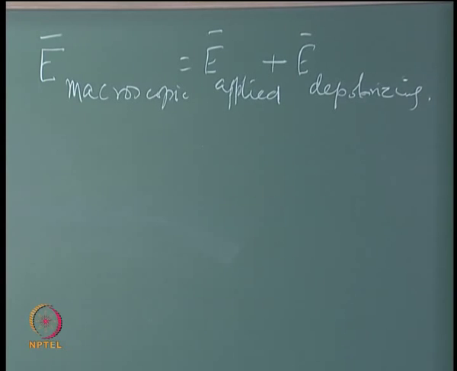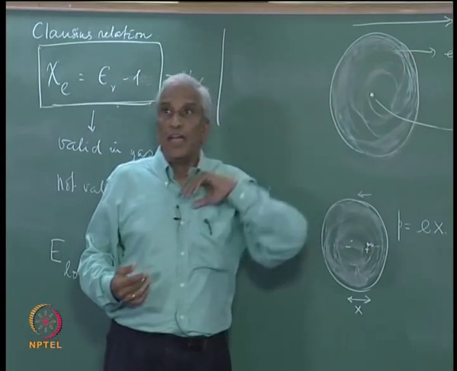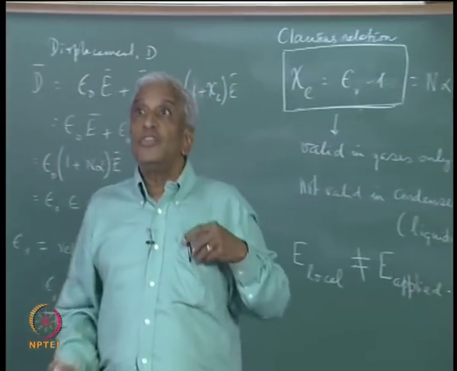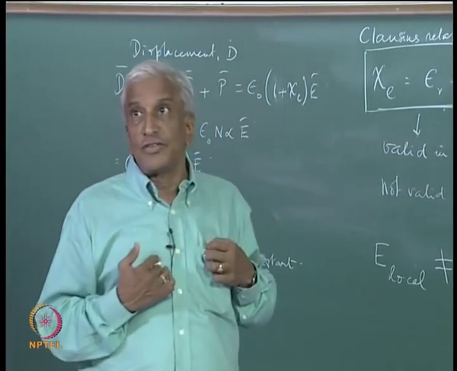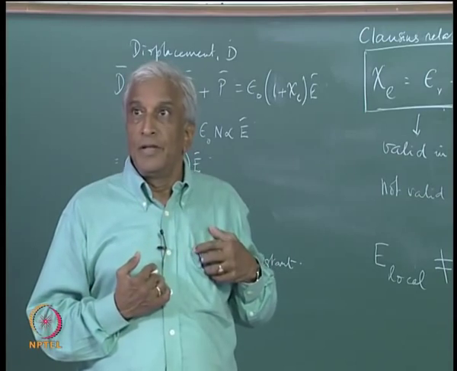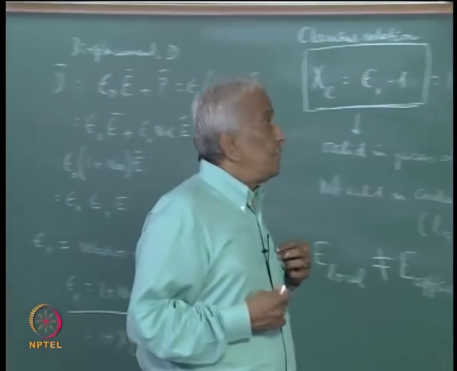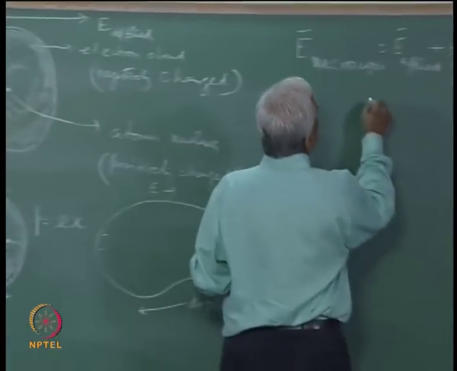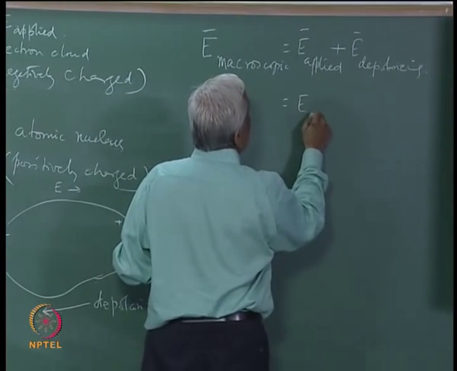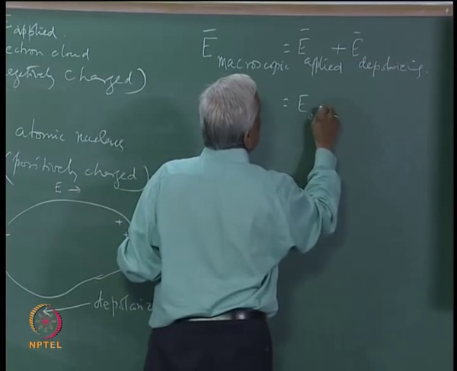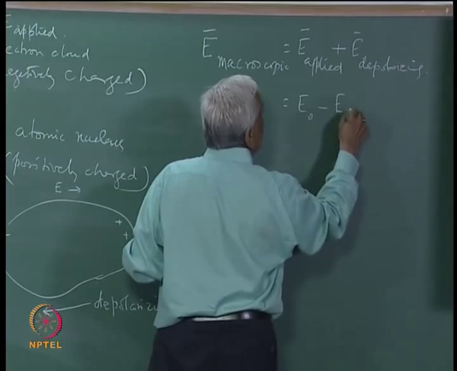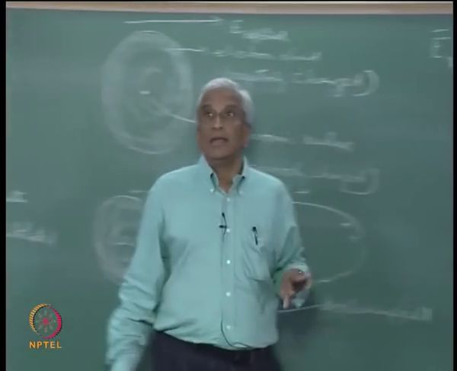But in addition to that there is an interaction among the dipoles, as I told you, which produces another contribution to this internal local field. Now, let us call this E naught. Since this is opposing the applied field, let us call it E 1.